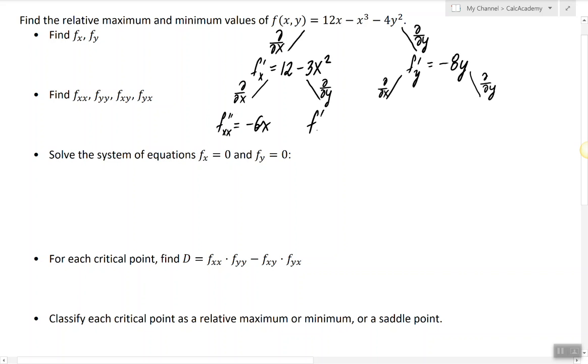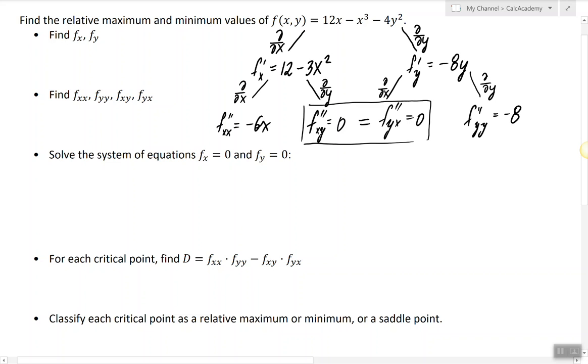Derivative of the function with respect to x and then y is 0. Derivative of the second derivative with respect to y then x is 0. Now we can verify that mixed derivatives are the same, and differentiating the function with respect to y twice will give us negative 8.